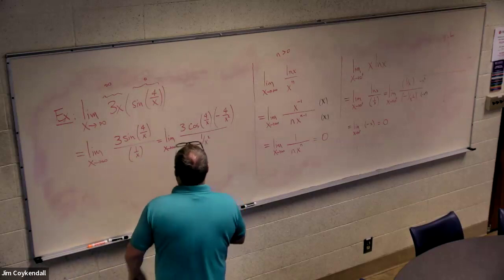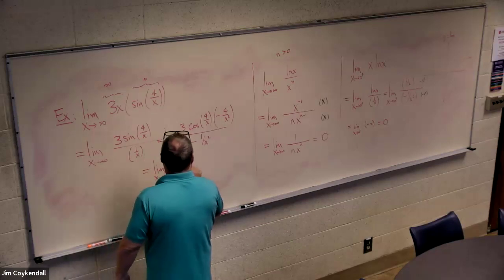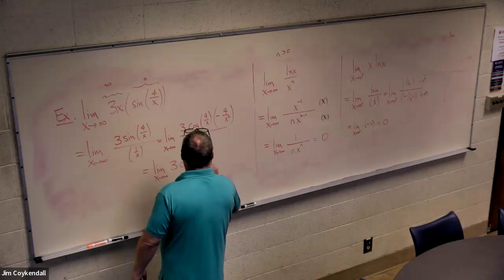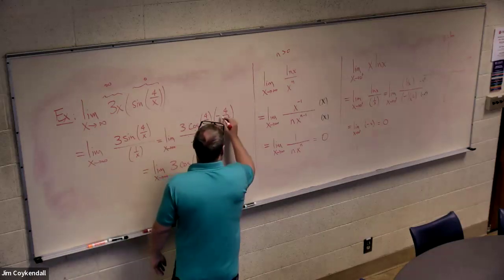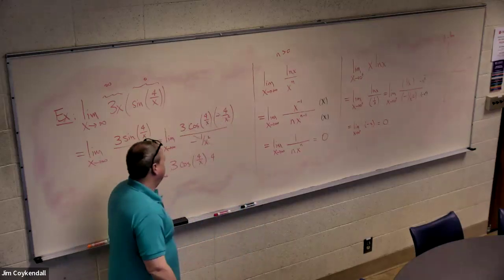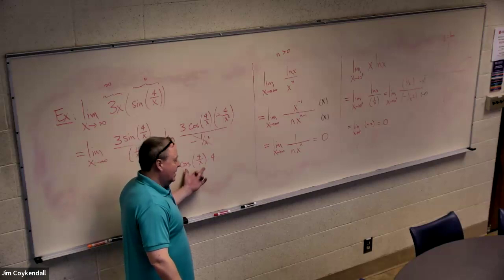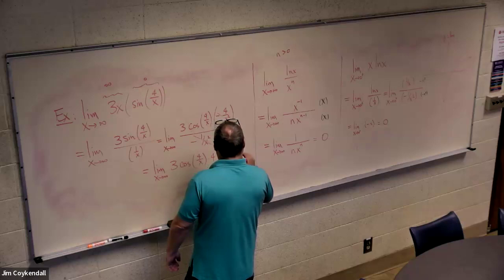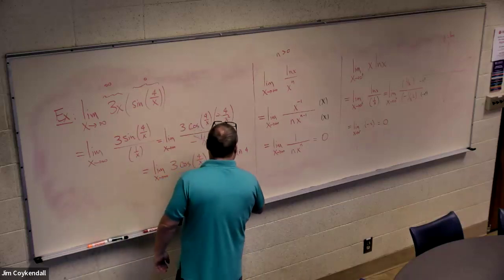Now the minus 1 over x squared can cancel. I get 3 cosine 4 over x times 4. The 1 over minus 1 over x squared is canceled. This should be 3 times cosine of 0, times 4, which is 12.